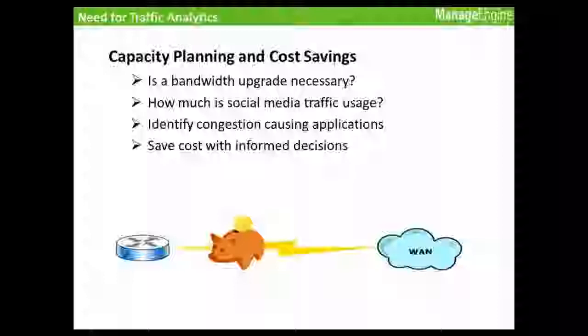So find out how much of your link is being used by social media traffic or unwanted, non-business applications, and then find out who is causing the condition, which application is using up the bandwidth and causing a spike in your network, and then use your QoS policies.